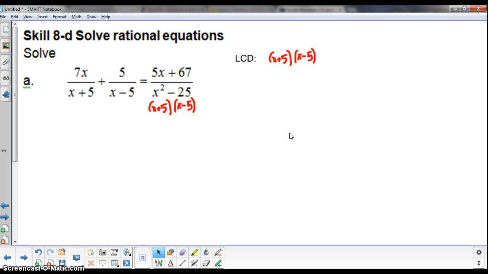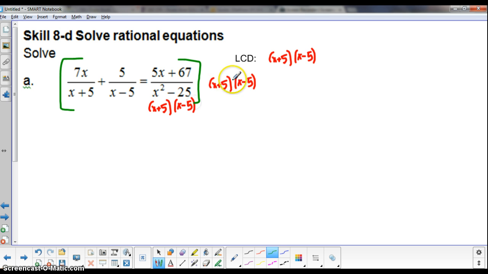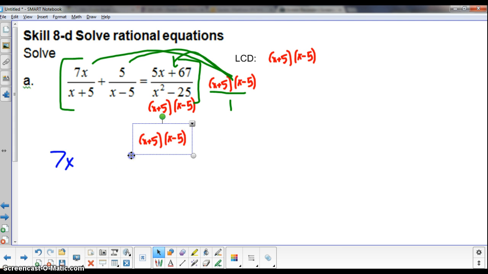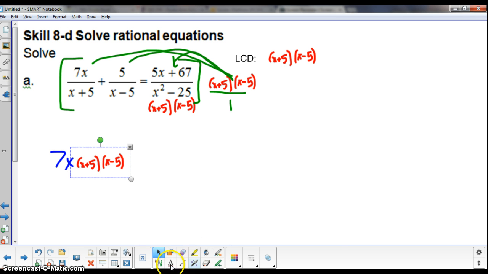So now, what do I want to do? Well, I multiply everything by that least common denominator. So I'll put a giant parenthesis around this and this, and I will distribute, since it's just over 1. You're just multiplying this to the numerators. So now we will have 7x over x plus 5.